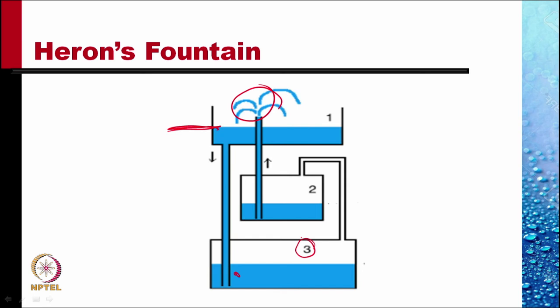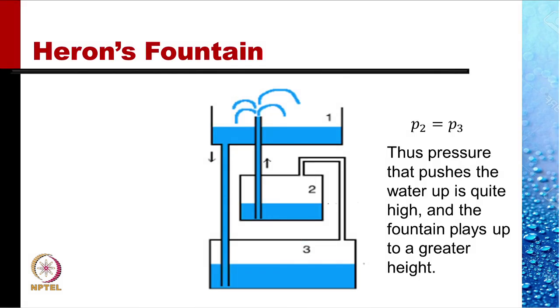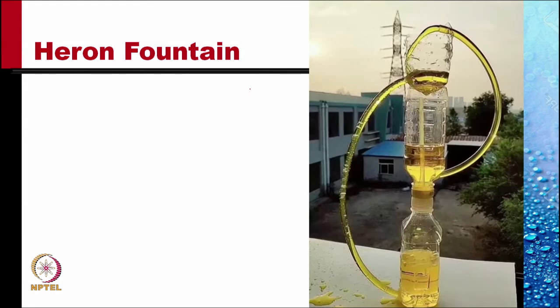The pressure of air within the 3 is communicated to air at 2, and the increased pressure at 2 pushes the water up this tube, and the water can rise above the level of water in tank 1. A simple construction of Heron's fountain from used water bottles.